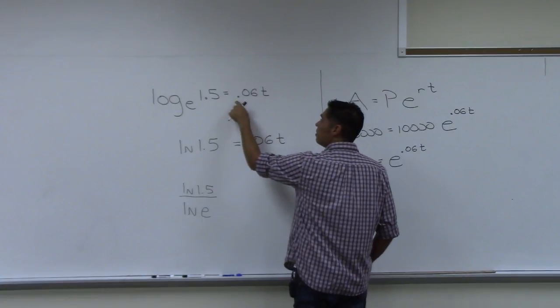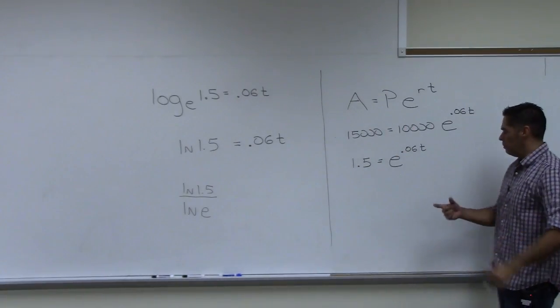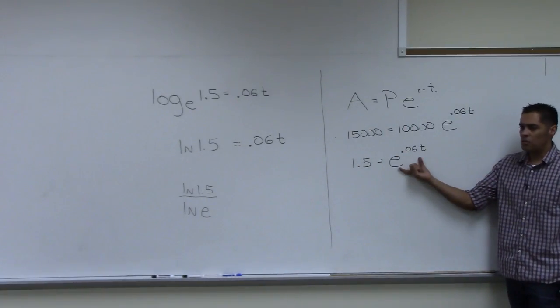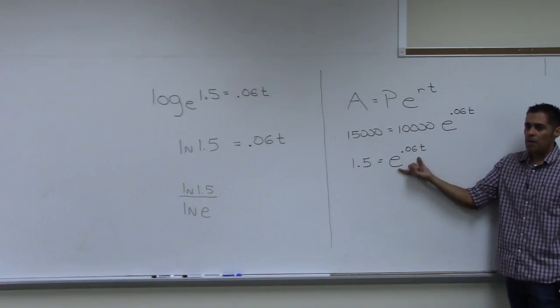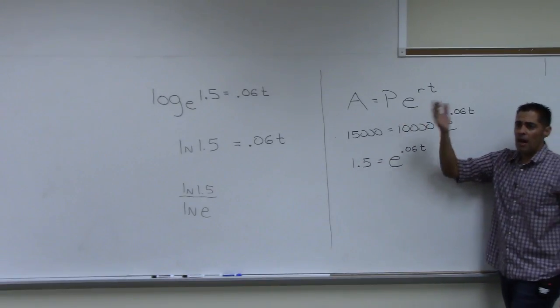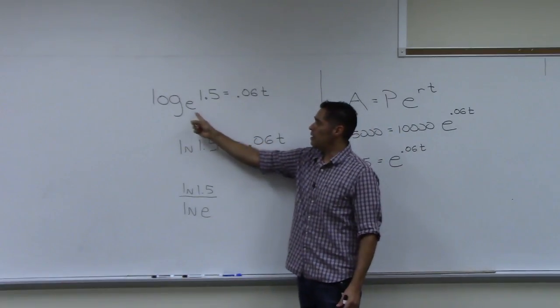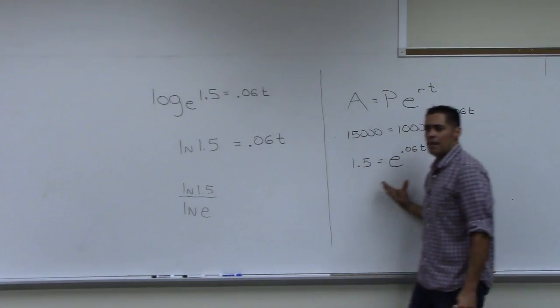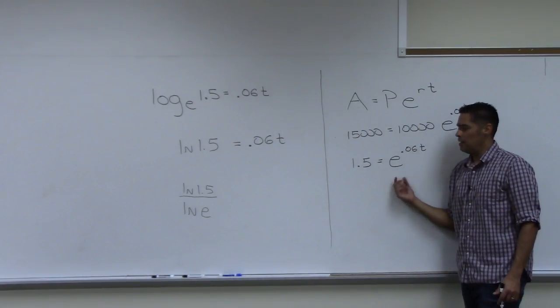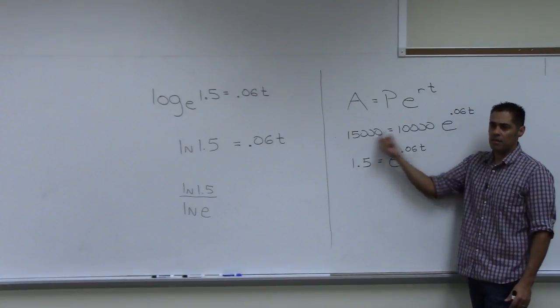Well, I did the backwards of the loop. This is what we call exponential form. I converted it to logarithmic form. I can check myself by doing the loop. e to this should equal that. That's what this equation is saying, right? e to the 0.06t is equal to 1.5.